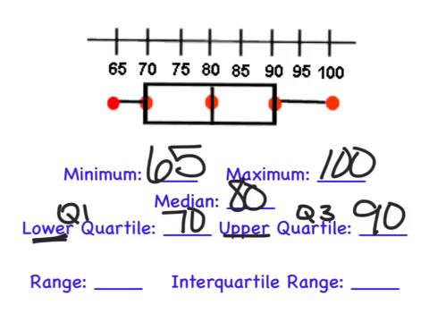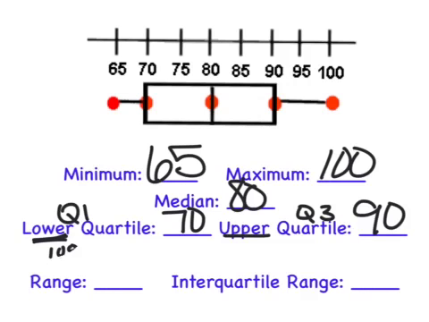Now I'm going to have to figure out my range and my interquartile range. Remember, range is the one that we've been doing. It's the easy one. It's just the biggest number minus the smallest number. So, we said my maximum was 100 and my minimum was 65.